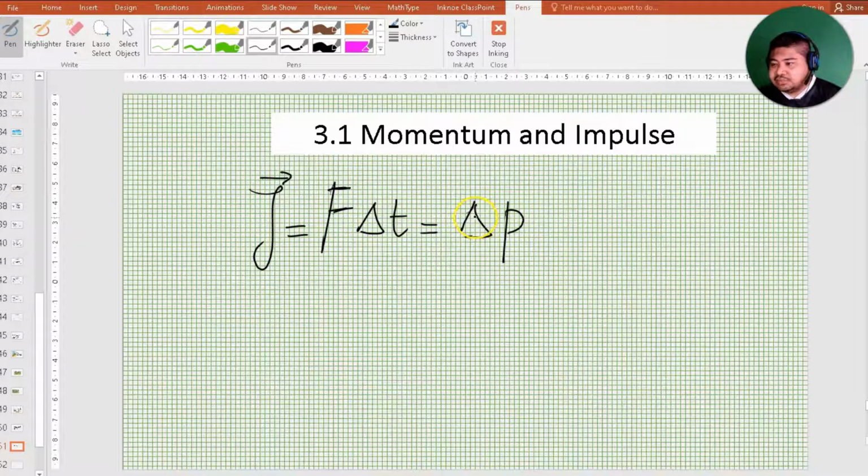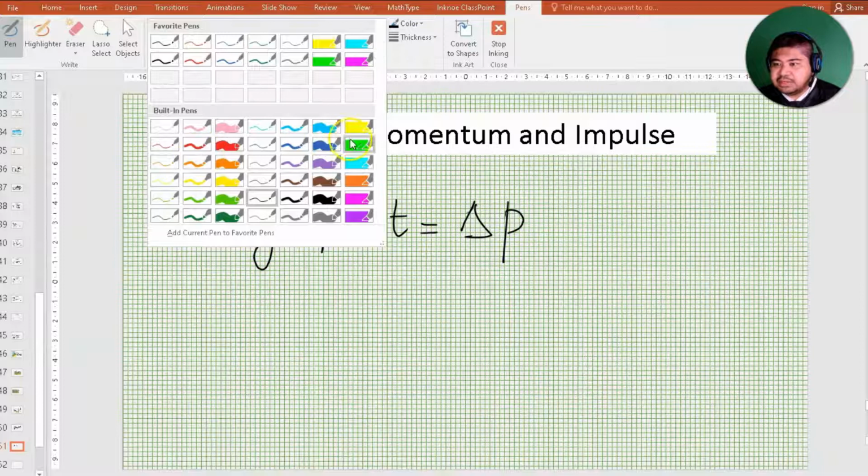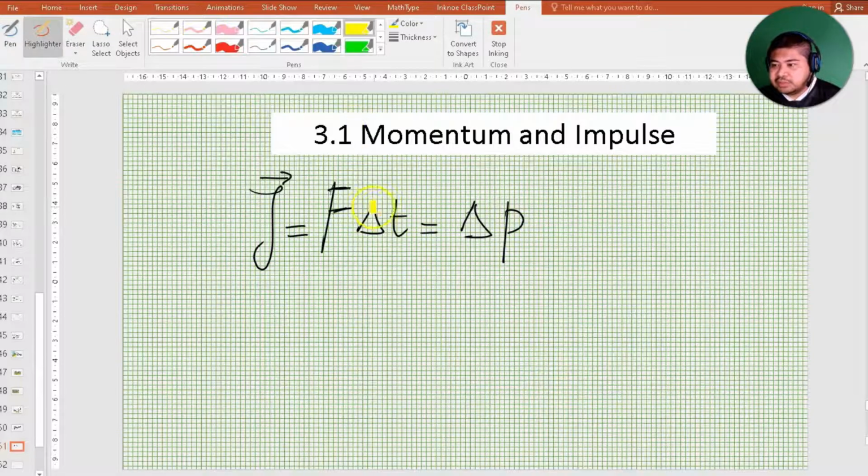The car changed its momentum from 25,000 to 0, and the way we changed it is by applying a braking force. The time, delta t, is the most important factor that determines the magnitude of the force being applied. If the change happens in a very short period of time, your force is huge.